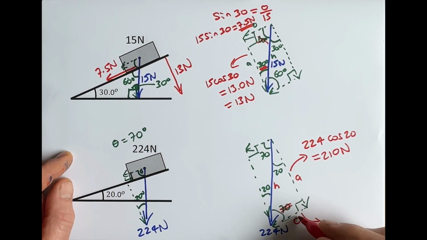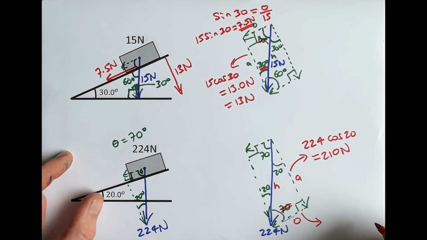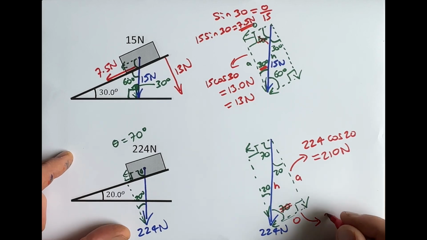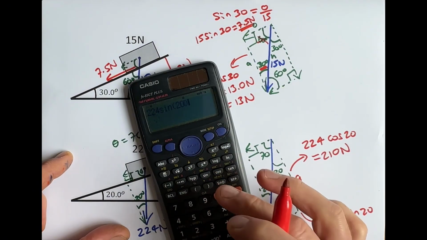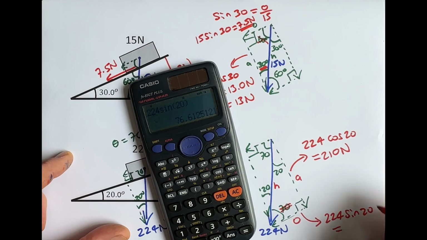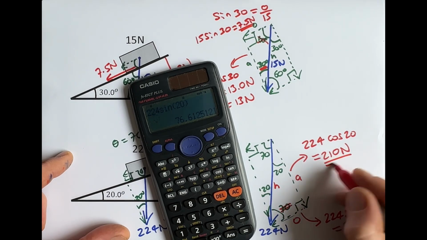All right, and to work that out, you're going to need to use sine theta. So 224 sine 20, which equals 76.6 newtons.